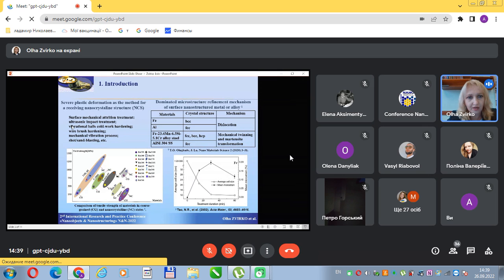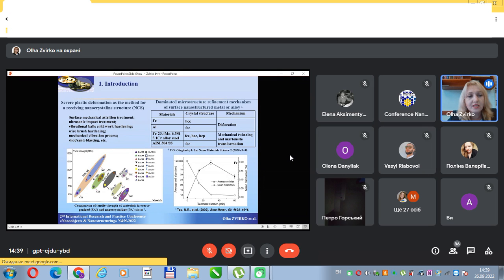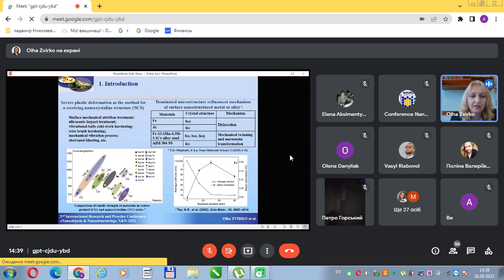Using these techniques for different metals and alloys, we can generate a gradient structured layer and also upgrade the structure and properties of materials. And here we can see a comparison of the tensile.